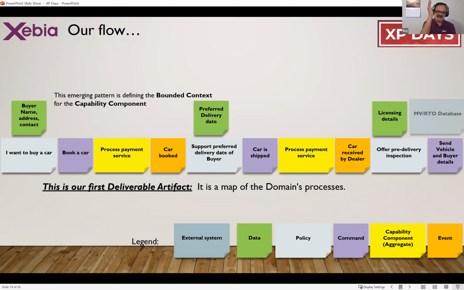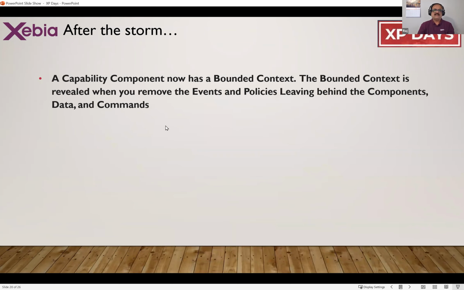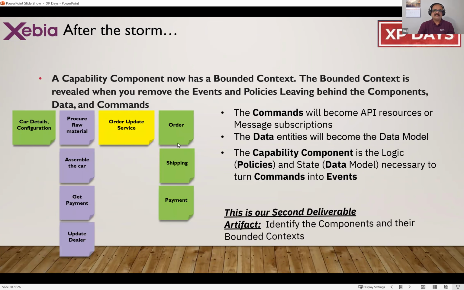So the first thing that you should do when you want to go into domain-driven design is, after identifying the context, you have to create a map of your domain processes. What are they? Once you have it, you start creating a bounded context. The bounded context is nothing but how these are getting consumed, how you have to connect all these dots together, right?